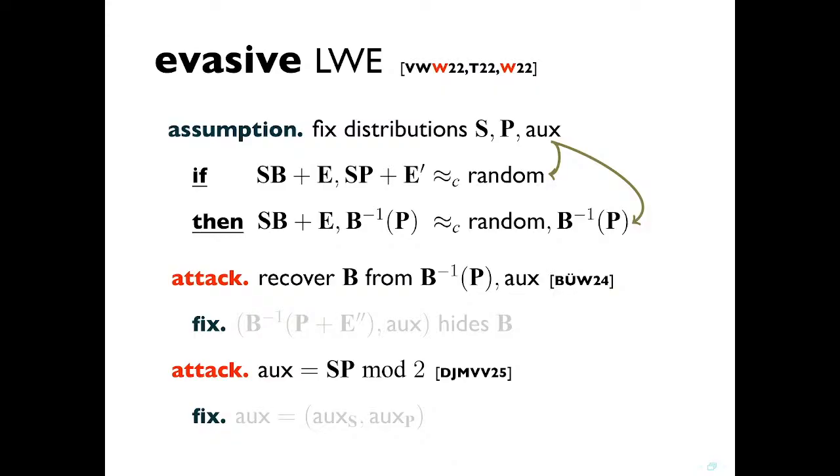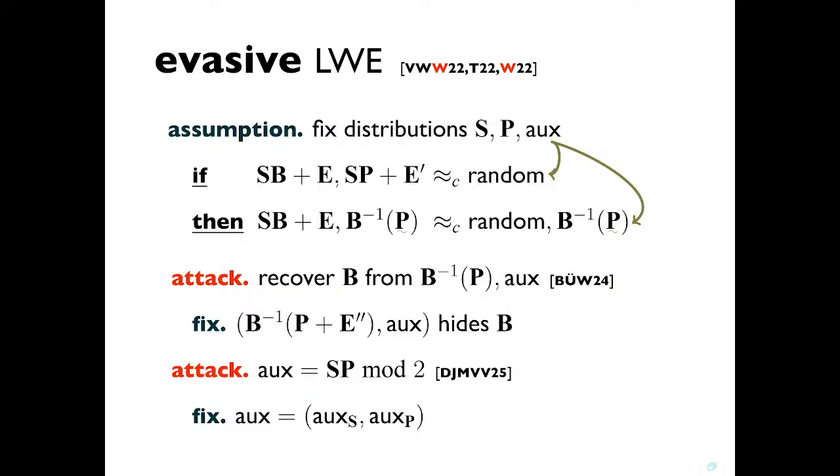And this one we can get around by adding an extra noise term to the P term over here. This noise term already exists in our construction anyway. And this fix provably gets around this attack because you can show again from the LWE assumption that B inverse of P plus E prime is pseudo-random. So in particular, it will hide B.